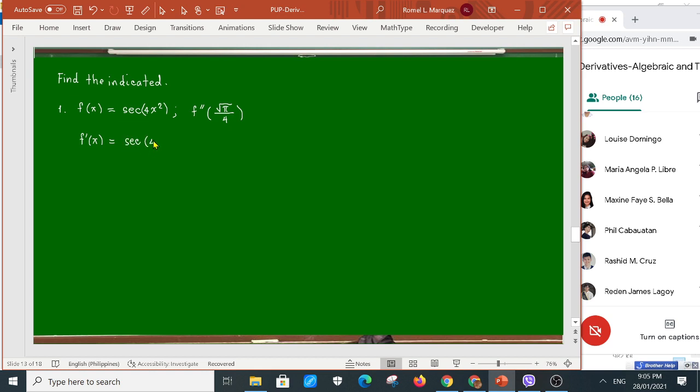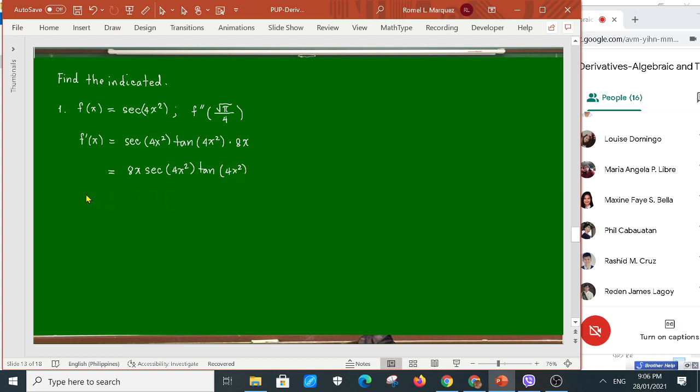Secant of 4x squared times tangent of 4x squared times derivative pa nung loob ng secant, 8x, correct? Okay, yan. So this is 8x, then secant of 4x squared tangent of 4x squared.